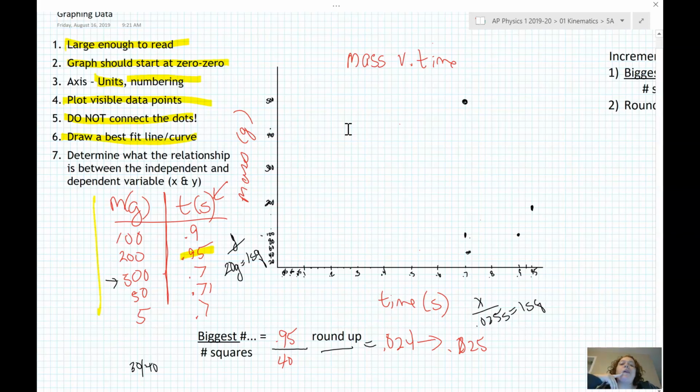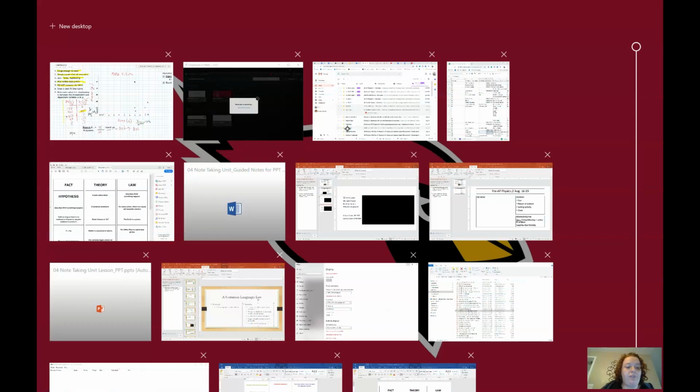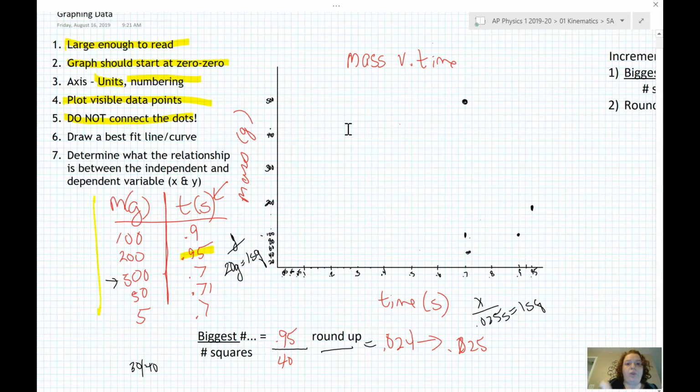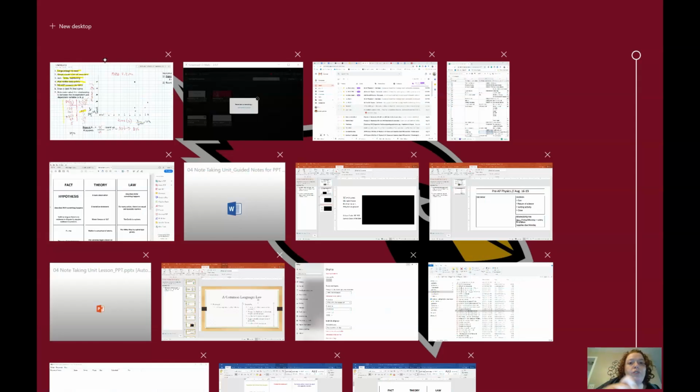So I'm going to stop y'all right here. This is what I want for class on Tuesday. I want your 3 graphs, all the way through step 5, and you're going to go no further.